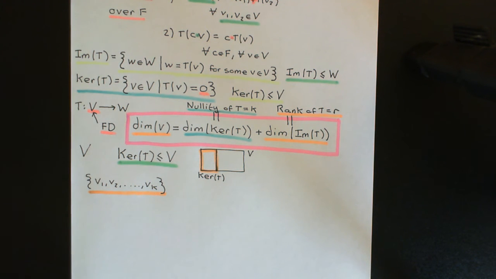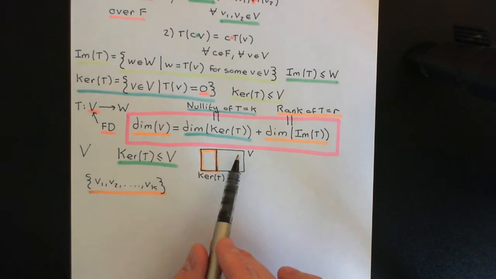Now, what I want to do is extend this basis of the kernel of T so that I can make a basis of the entire vector space.